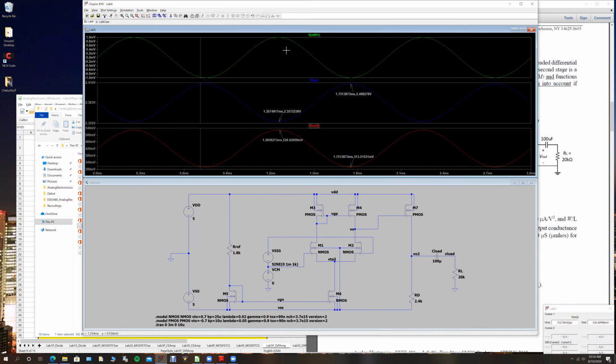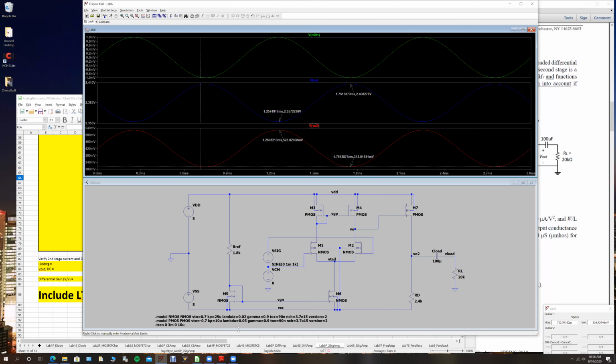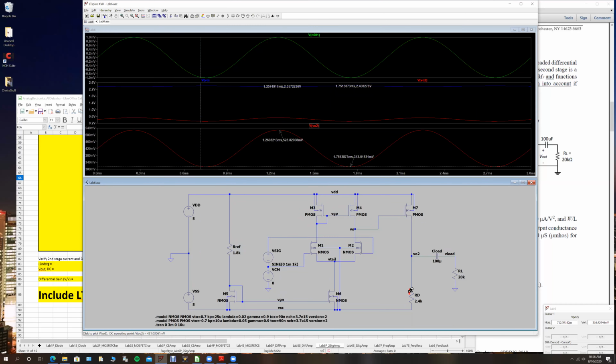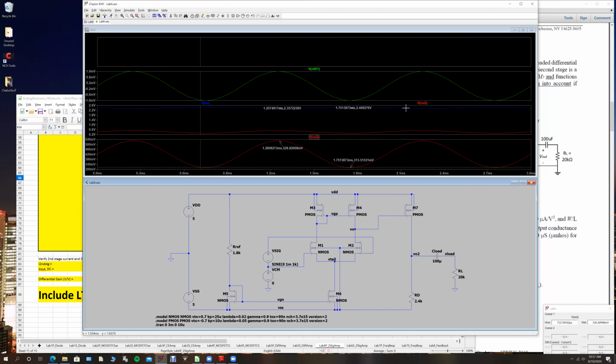So you can approximate that as about 420 millivolts, it looks like. And you can figure out the current just based on Ohm's law: 0.42 minus negative 5, divided by 2400 ohms, or you can directly monitor this current here. I'll put it on a new plot.